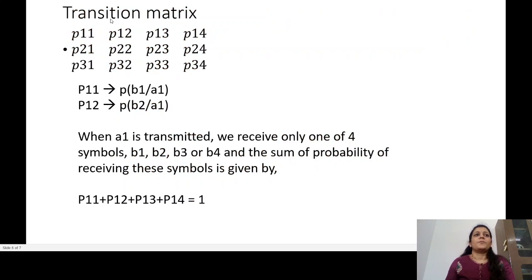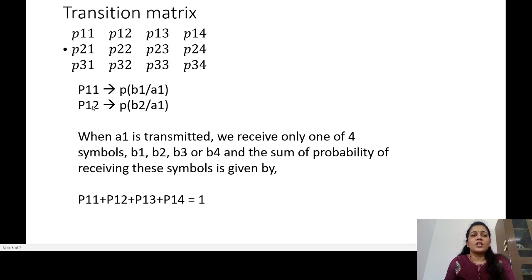Now, the transition matrix for the previous problem consists of these 3 rows and these 4 columns, where P11 is the probability that B1 is received when A1 is sent. P12 says that we are receiving the second symbol B2 when the first symbol A1 has been sent.